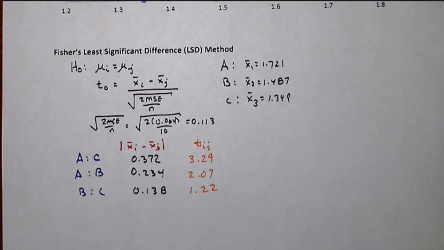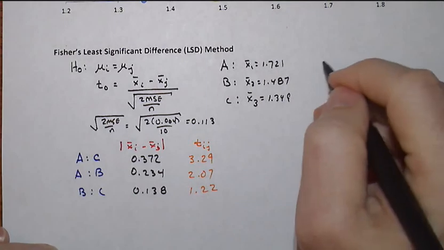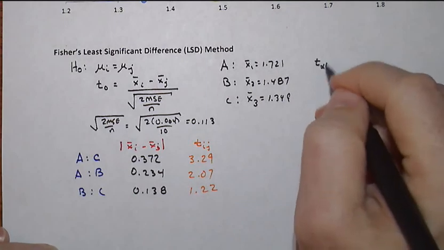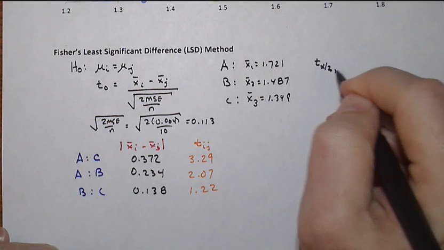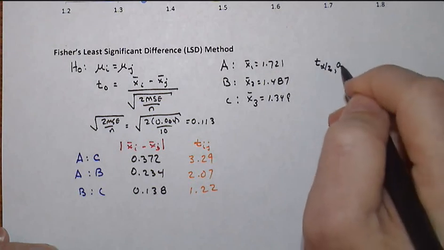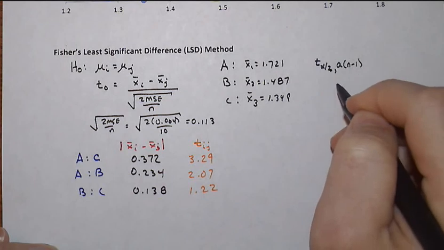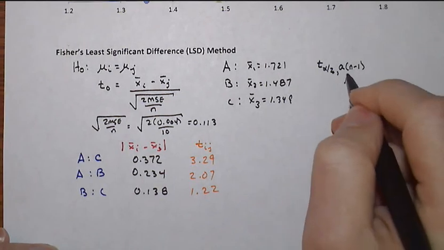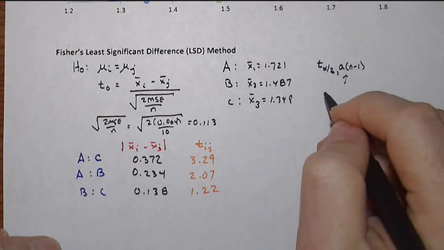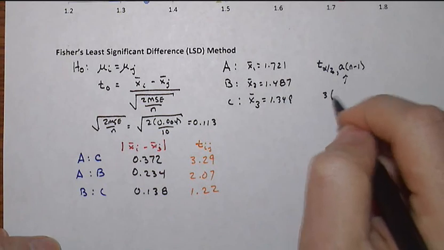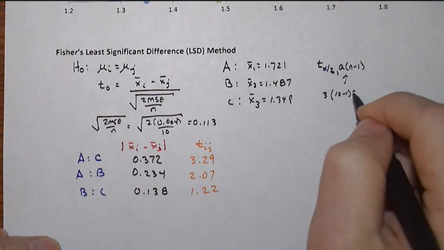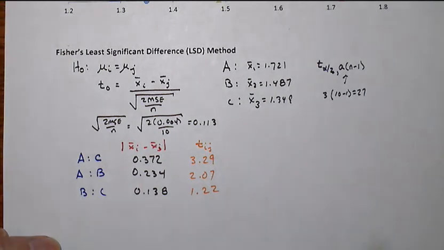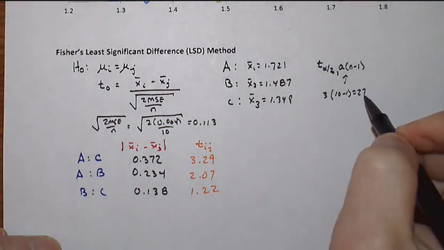Well, at least that's one way that we could do this. The critical value is t alpha over 2 for two-sided, with a times (n minus 1) degrees of freedom here. Our a value, we had 3 different groups, and n minus 1 would be 10 minus 1, so that's 27 degrees of freedom. Remember, that was the within-sample degrees of freedom that we had before.